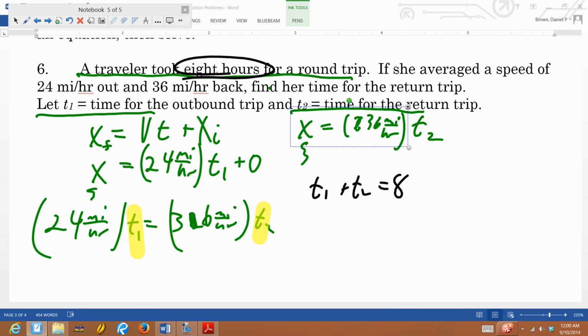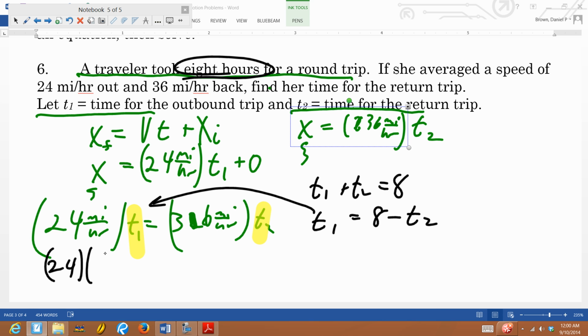Okay. So I can take this and I can drop into it. Over here I can say obviously T1 is equal to 8 minus T2. And I can take this and make a substitution right there. So I'll write down 36, T2.